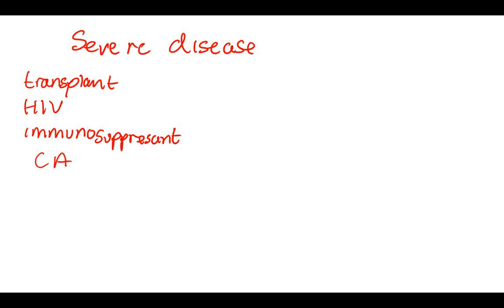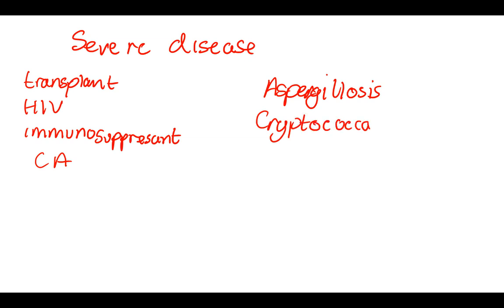Okay, they're the patients that get the diseases, but what are the diseases? You can get a combination of yeasts and molds, so you can get what's known as aspergillosis, which is caused by Aspergillus, and that's a lung infection. You can get cryptococcal meningitis, again, much more common in patients who are immunocompromised.